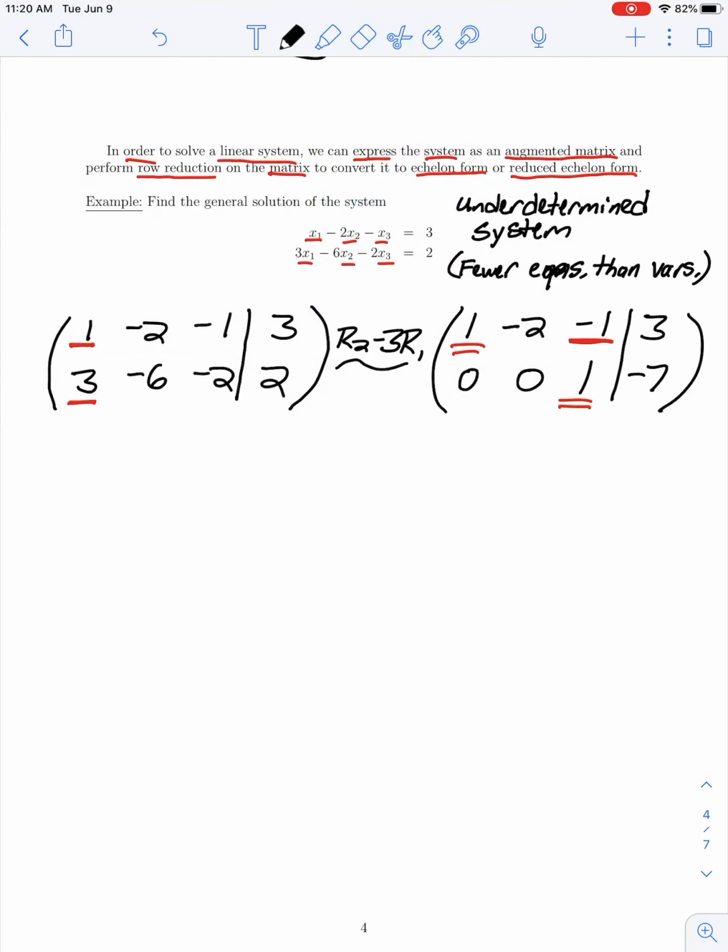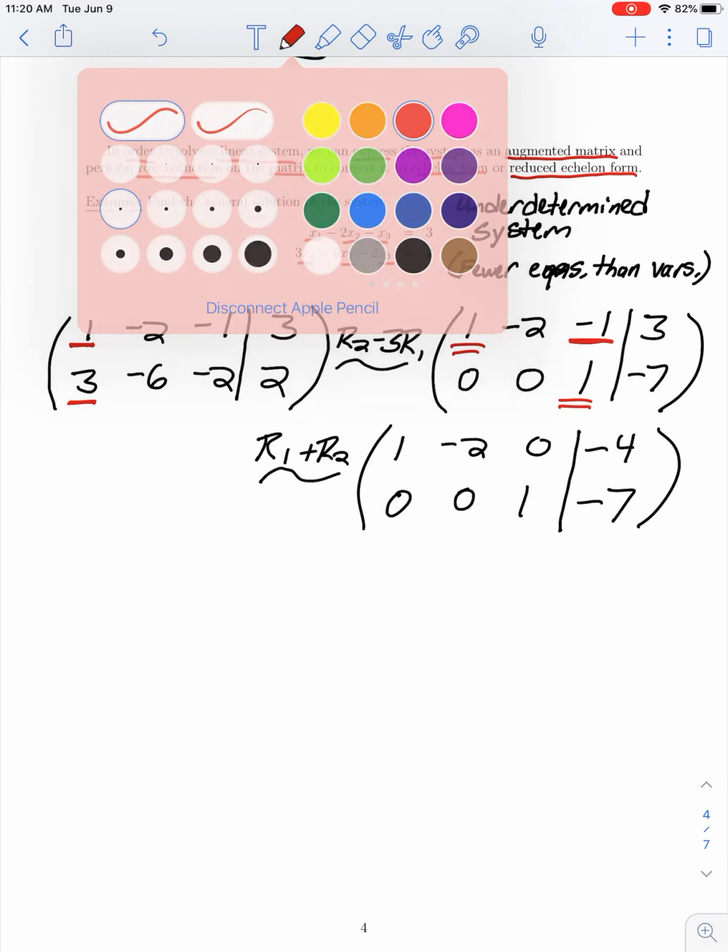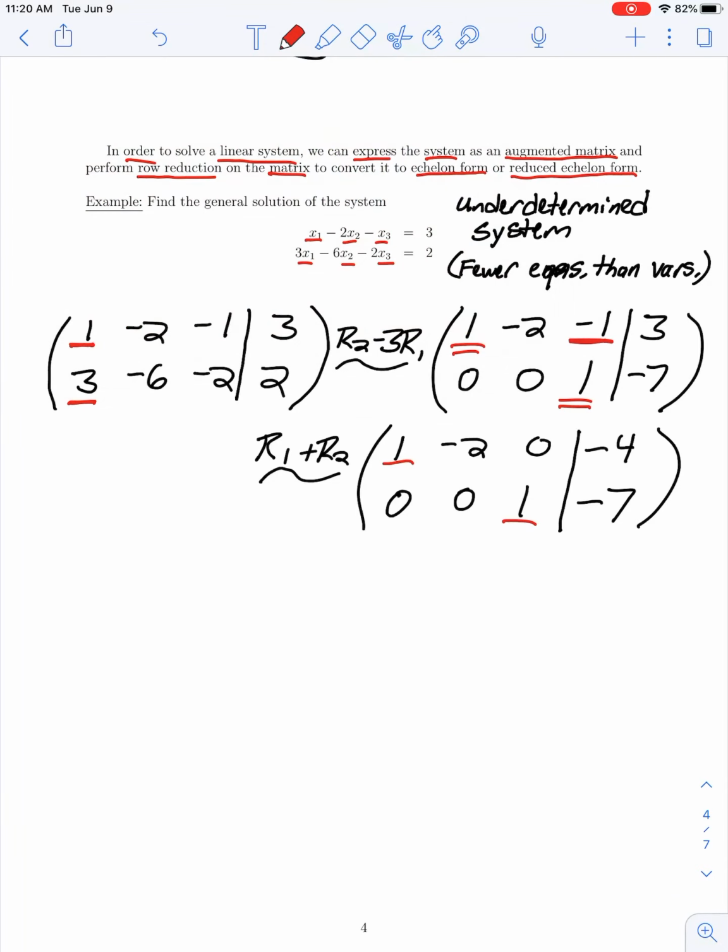So an easy way to do that here would be to take my first row and add to it the second row, which gives me a first row of 1, -2, 0, and -4. And my second row is 0, 0, 1, -7. So here we had leading entries or pivot positions corresponding to these 2 entries.